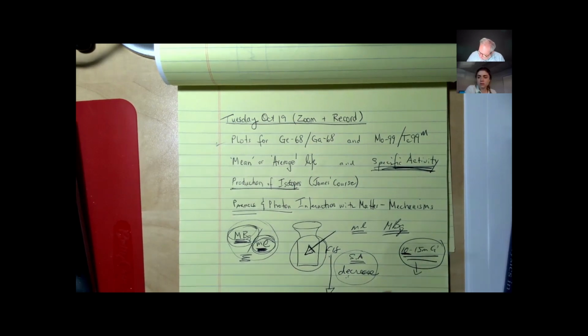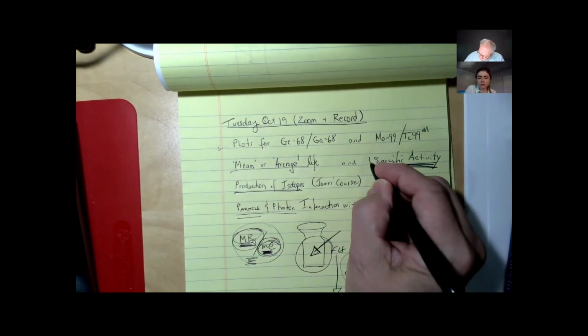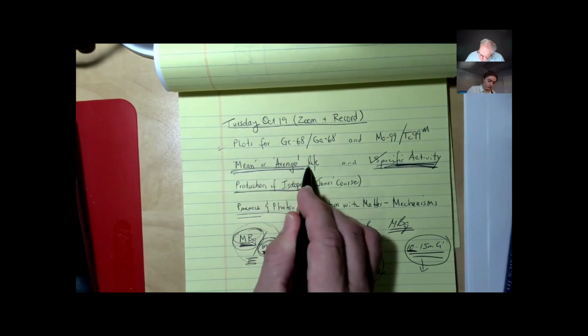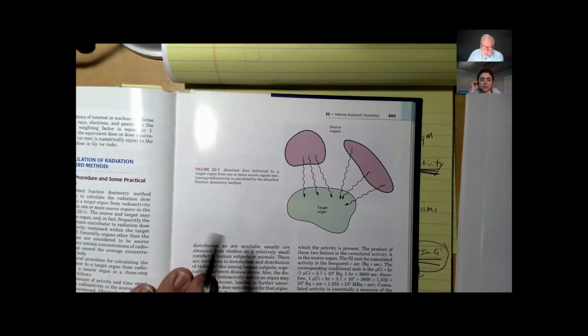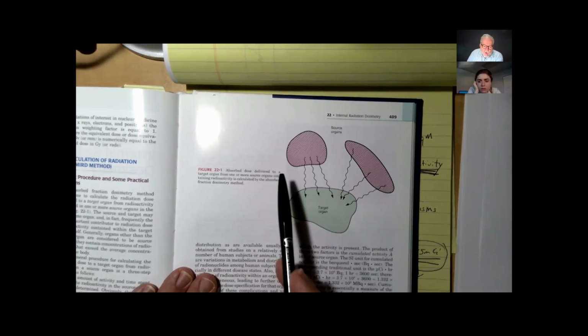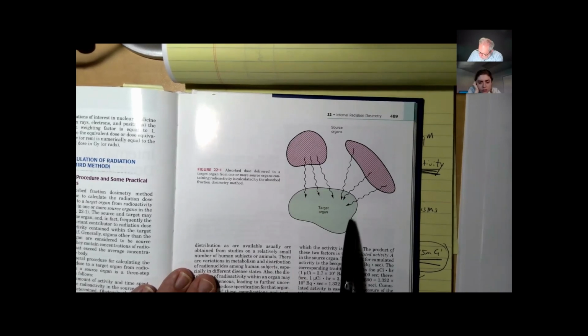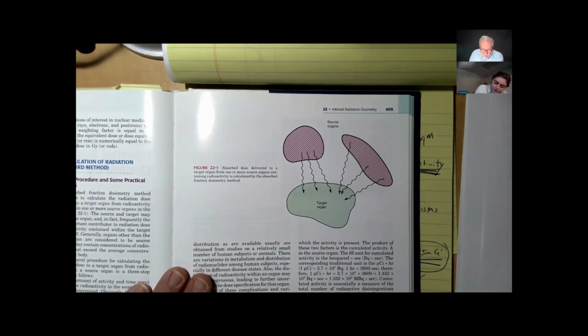Okay, enough said there. All right, let's go back to mean or average life. In your readings, have you come across this? When we're looking at the absorbed dose delivered to a target organ, for example when we're imaging with technetium-99m and other radiopharmaceuticals, we're going to have a particular distribution.